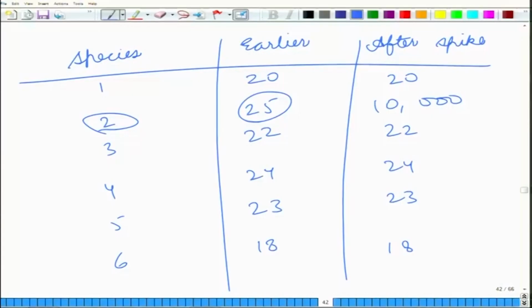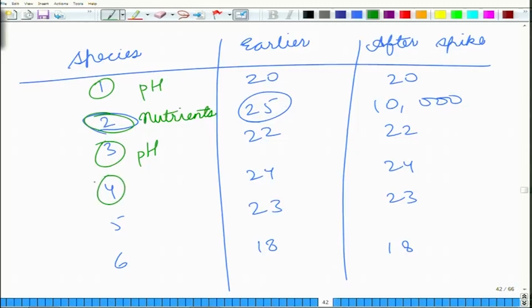Suppose in this particular example, this was a species that was limited because of the nutrients. Let us say this was a species that was limited by the pH of the water. Probably it required a more basic pH, but the pH was more acidic. Or maybe this was another species that required an even more acidic pH, but was limited because the pH was not that acidic.